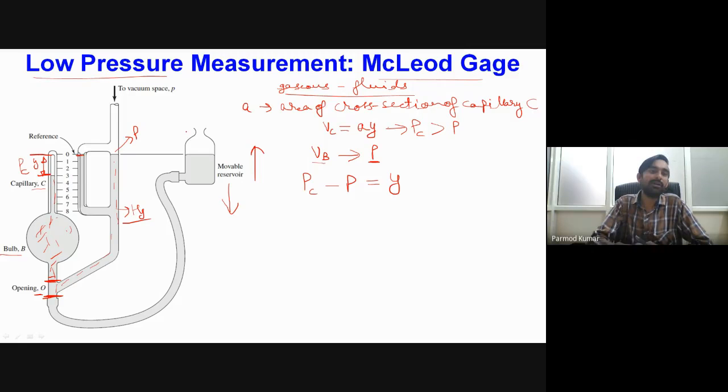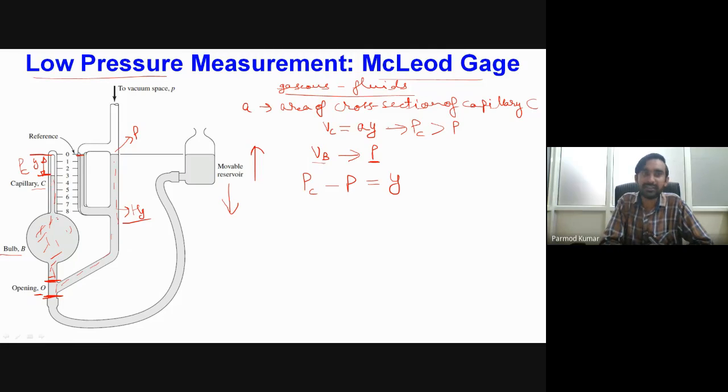Now we can consider that when we increased the level of the reservoir, there was no heat interaction over here. So we can consider that this compression of the gaseous medium in the bulb region and the capillary region has taken place at constant temperature.